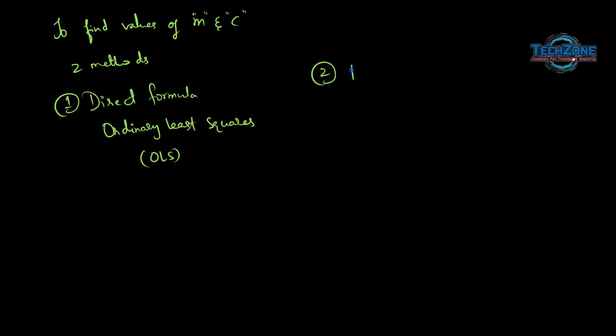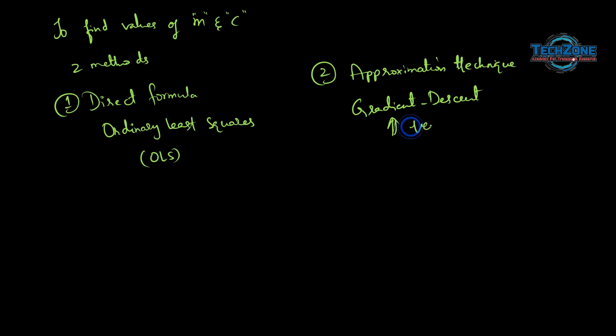And the second one is the approximation method or approximation technique. I'm sure you must have heard of gradient descent. We use gradient descent in the approximation technique. It's a very famous technique.